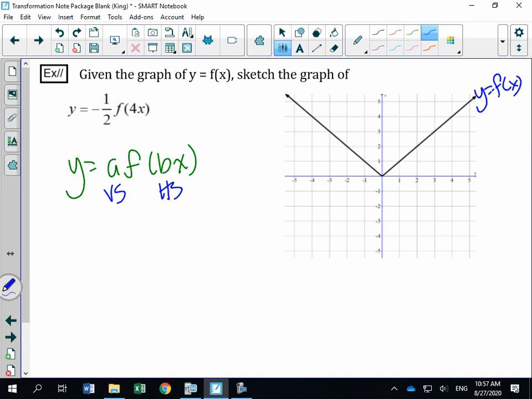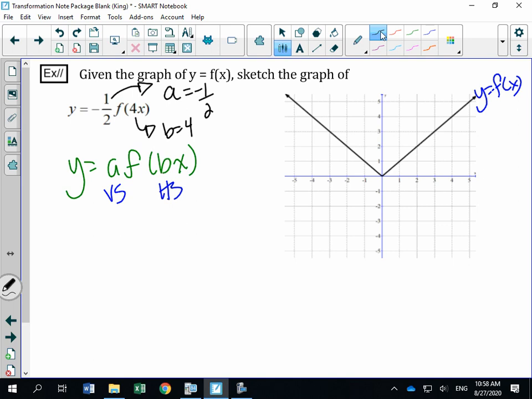And then they want us to sketch this graph after it undergoes the following transformations. So you need to be able to look at this and say, okay, what are the transformations? What is this letter? That's your A, and A is -1/2. If it's in front of your function, that's your A value. And this is your B value. So B value is equal to 4.